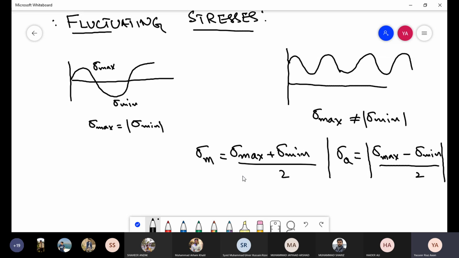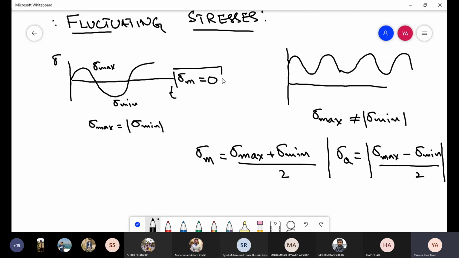So these are the two main terms that we use to characterize fluctuating stresses. If we look at the case we solved previously for the rotating beam bending test and all the cases of completely reversed load, you can see that sigma m for this case is 0.